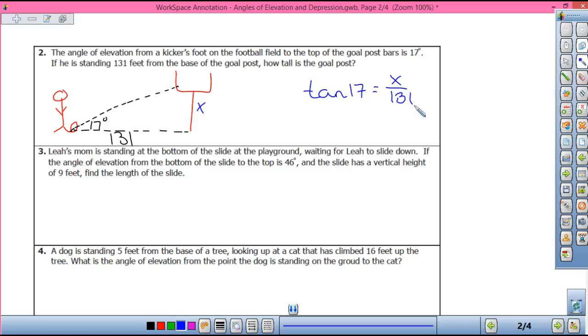Multiplying or dividing? Multiplying 131 times the tangent of 17. 40 what? Is it 40? So 40.1. 40.1 what? Feet. Always label your answers.